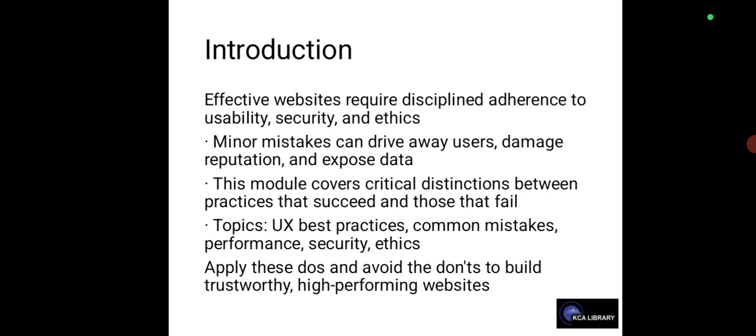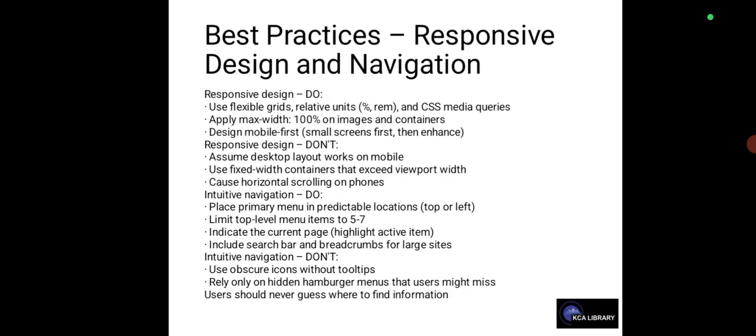That's why this module will cover the critical distinction between practices that succeed and those that fail. Topics you will come across include UX best practices, common mistakes, performance, security, and ethics. So when you apply these do's and avoid the don'ts, you will build trustworthy, high-performing websites.